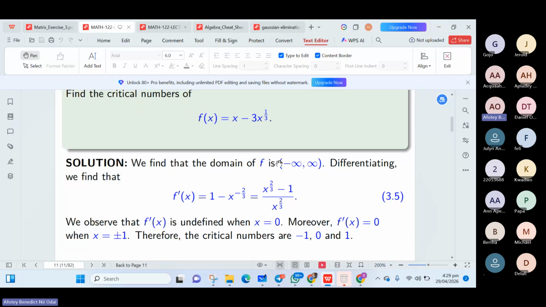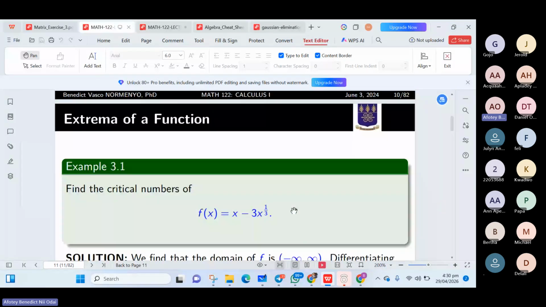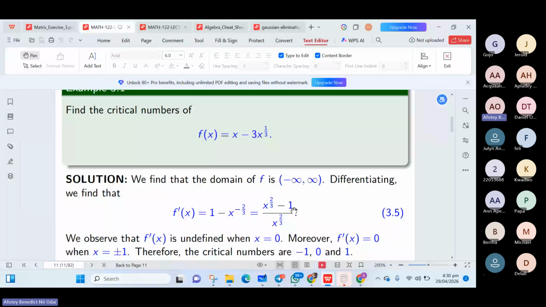Because once it's a fraction, it's undefined. We observe that f prime of x is undefined when x is equal to 0, right? Because when you equate the denominator to 0, you get the function to be undefined. So x being equal to 0 is a critical number, because critical numbers are also numbers that make the differential undefined. Do we get it?